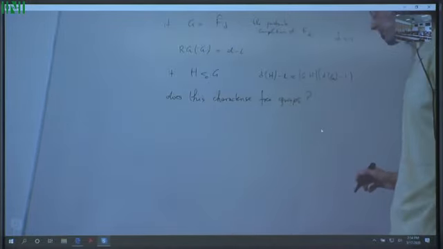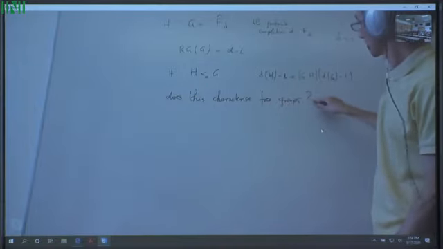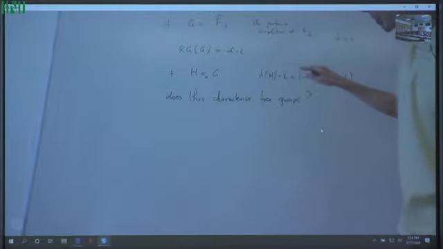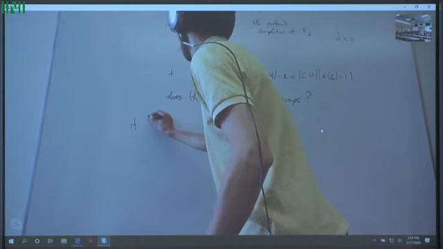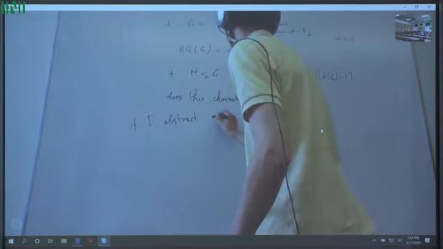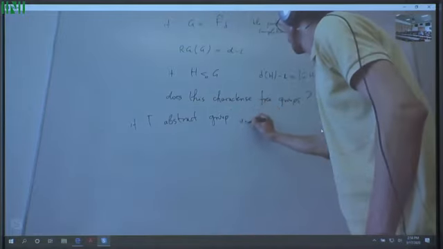Okay. Now, what is the situation in the world of abstract groups? For abstract groups, the answer is yes. If gamma is an abstract group, and so what do we need?